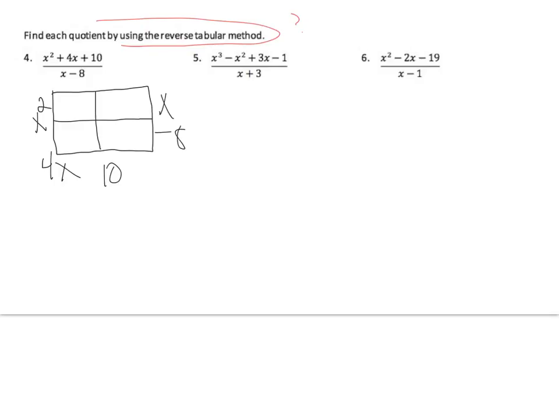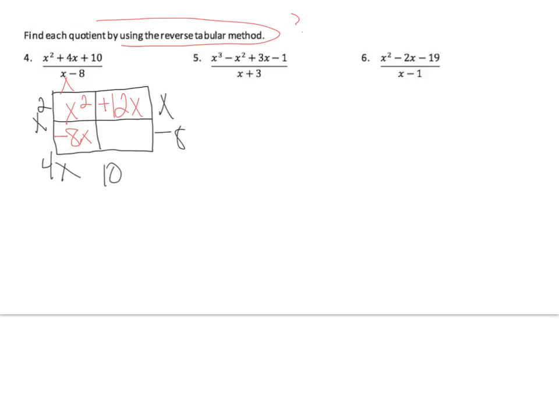So again, I'm going to start up in this square up here. To get x squared, I would need an x. X times x is x squared. X times negative 8 is negative 8x. I need a 4 there, so I'm going to add 12, because 12 minus 8 is 4.